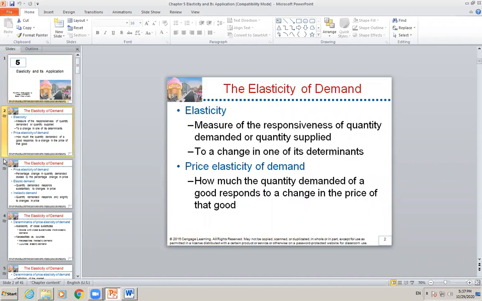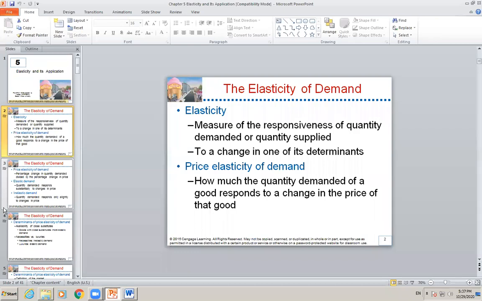So elasticity of demand measures the responsiveness of the quantity demanded or quantity supplied to a change in one of its determinants, which is price itself. So price elasticity of demand shows how much of the quantity demanded of a good will respond to a change in the price of that same good that we're talking about.